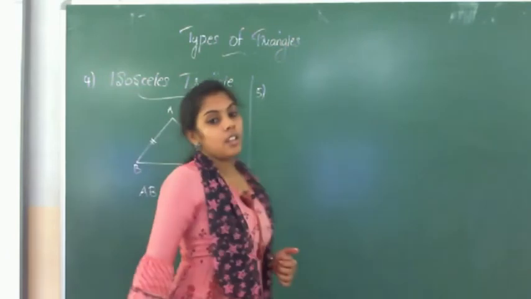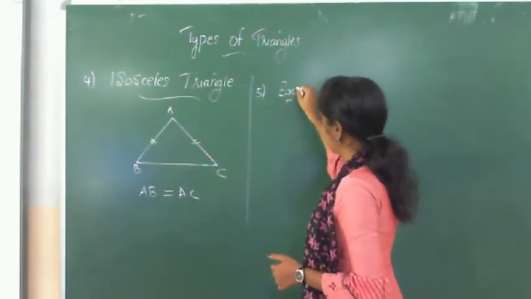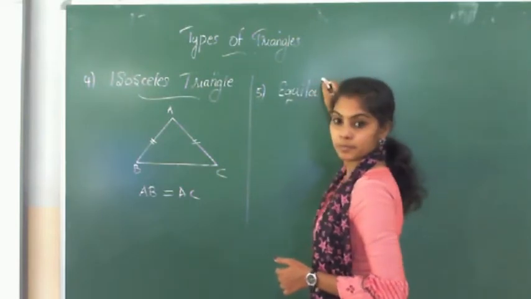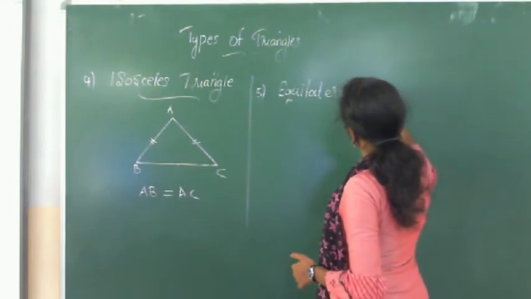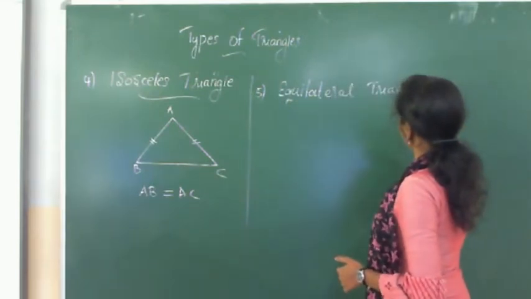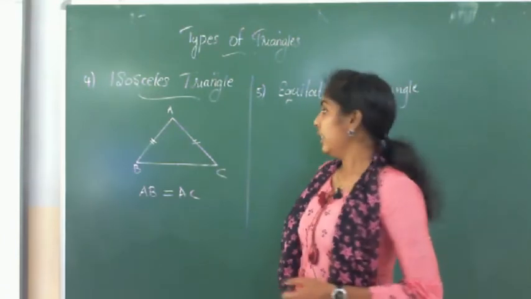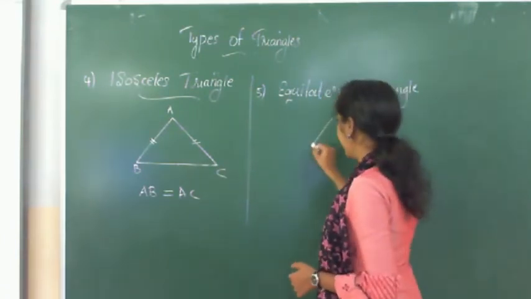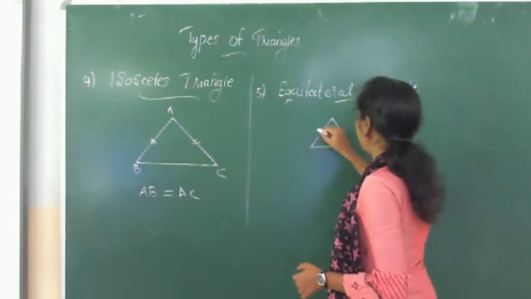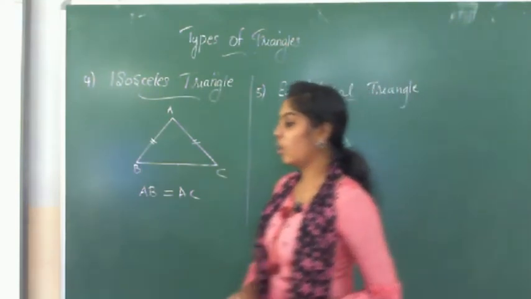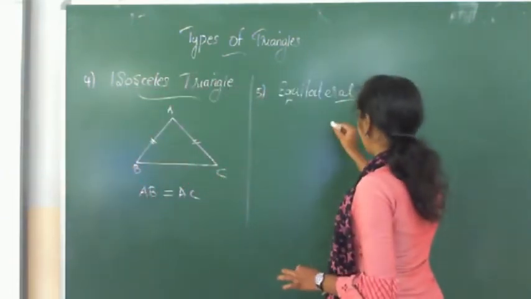Next, the fifth one, equilateral triangle. What is meant by an equilateral triangle? In an isosceles triangle only two sides are equal, but here all three sides are equal. In this case, A, B, C, all these three sides should be equal.